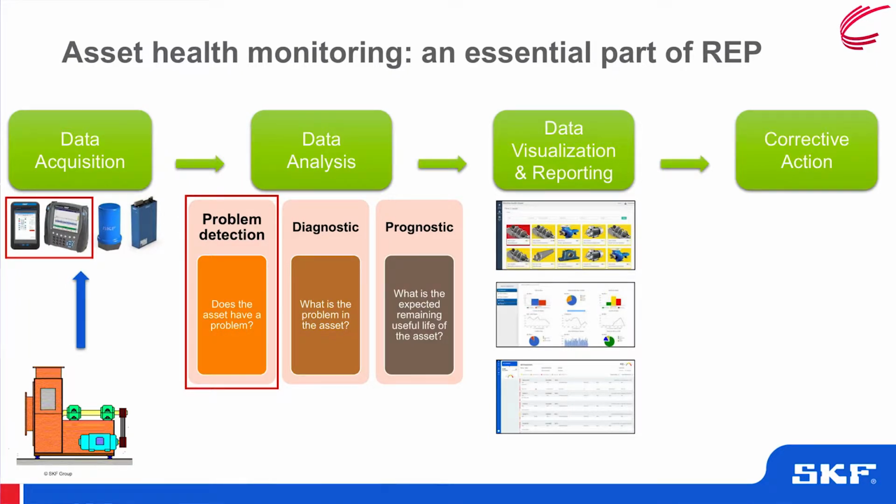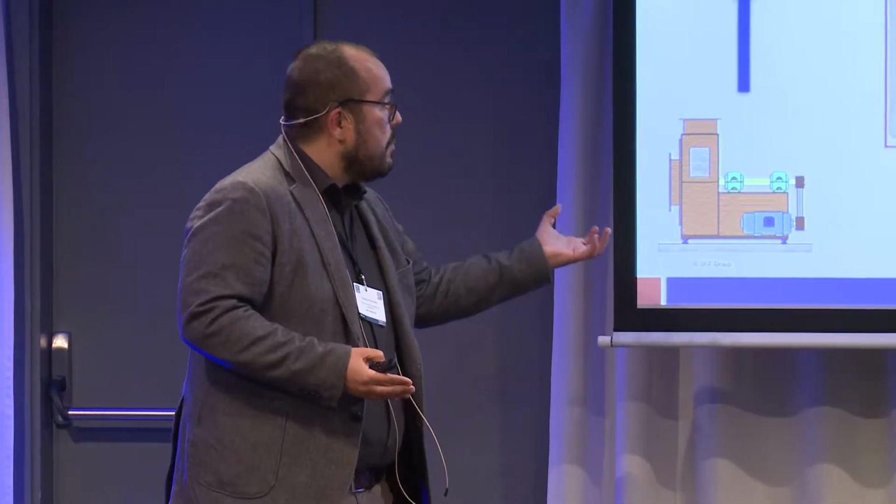So if I may summarize in a really simplified way, that's what we consider the process to make the condition monitoring in an asset. So first, we have the data acquisition part, where I have the vibration, for example, of the equipment. I am collecting this data by using two different ways.